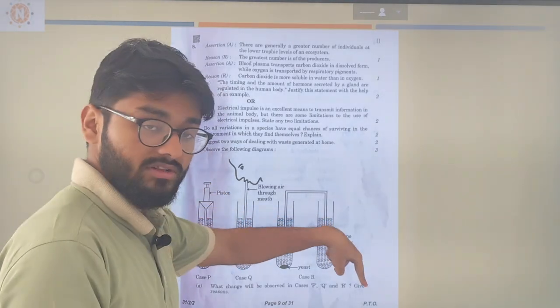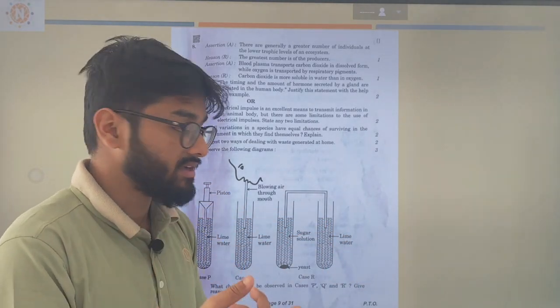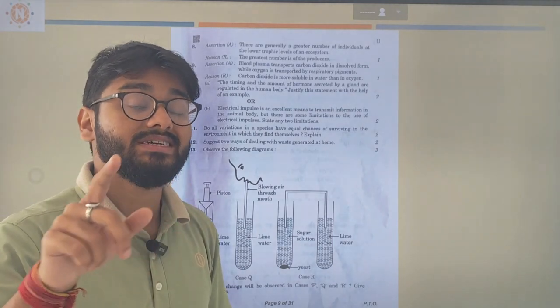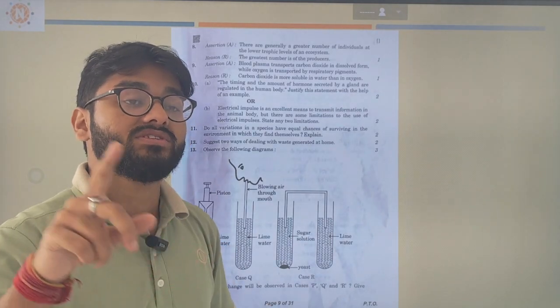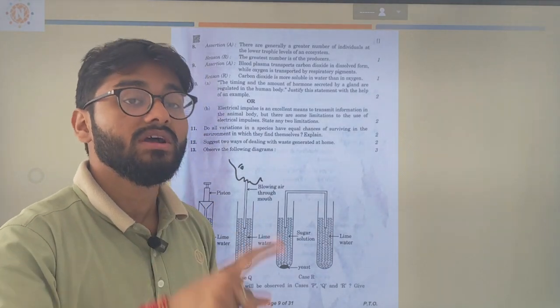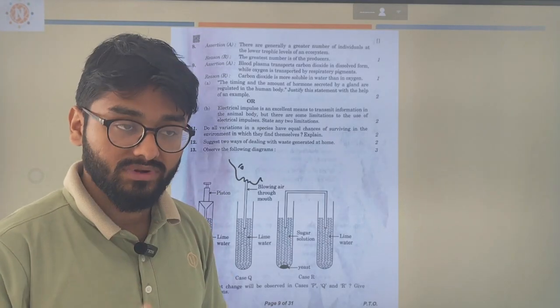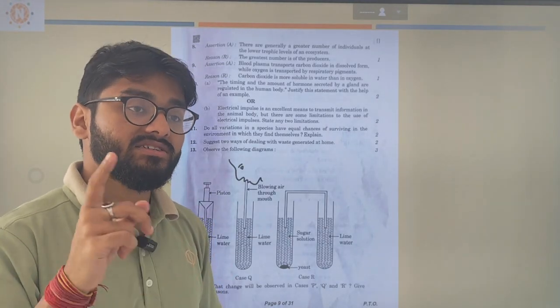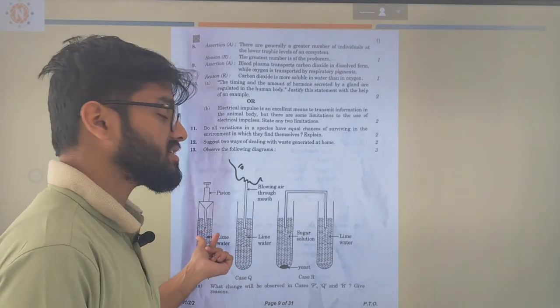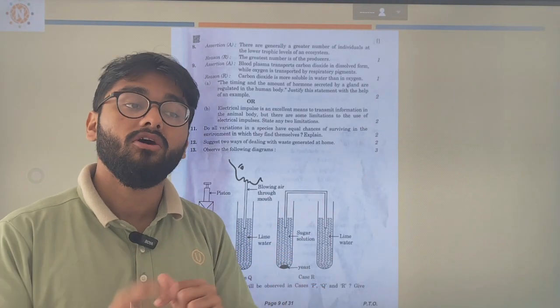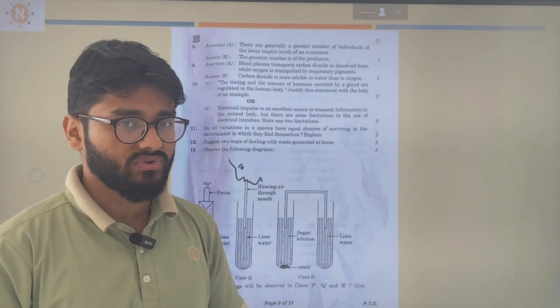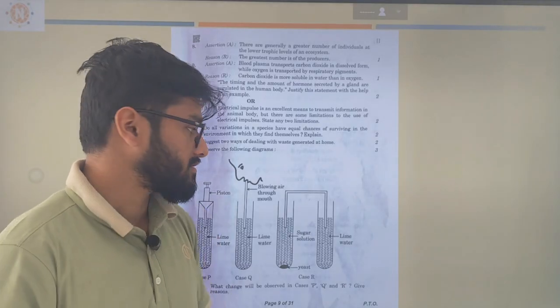CO2 enters in all 3 and makes them change. Why? Because this is lime water, Ca(OH)2. When it reacts with CO2, it gives you CaCO3, that is calcium carbonate. And this calcium carbonate is the reason why it turns milky or turbid. The proper term is turbid.